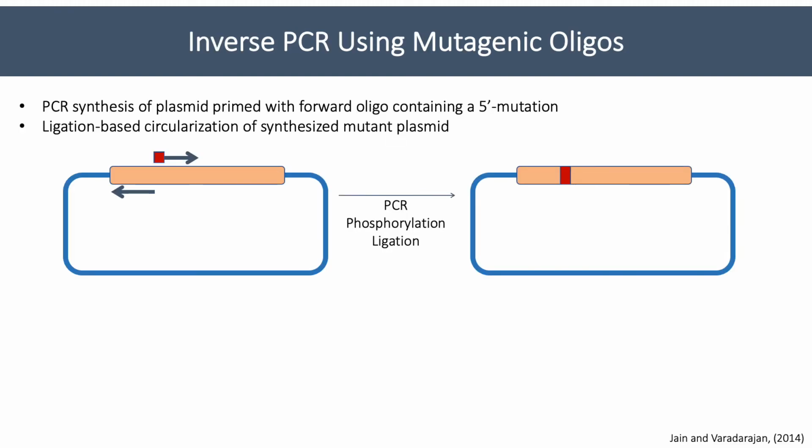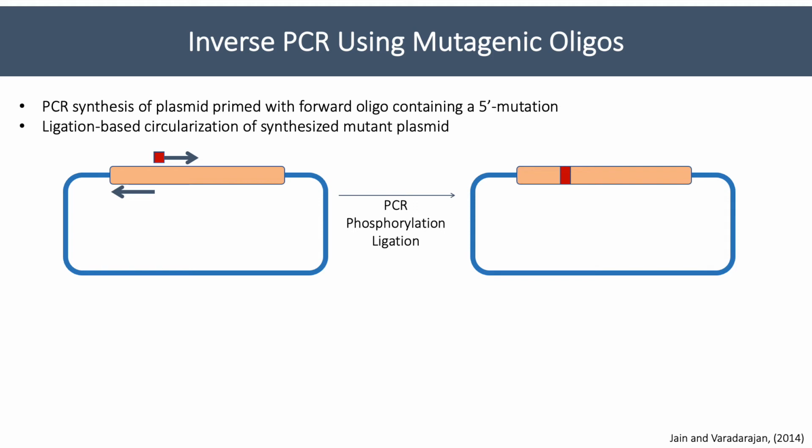The next method that I wanted to touch on, which I think is used a lot, is inverse PCR. This method is great if you're really adamant about having just one individual mutation per clone that you generate. The process is very straightforward.